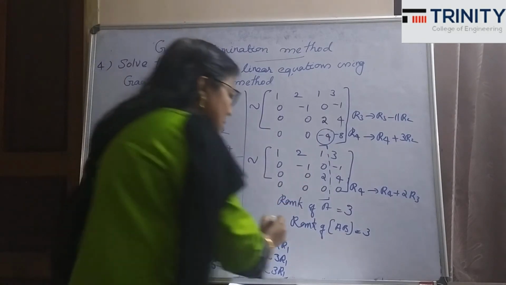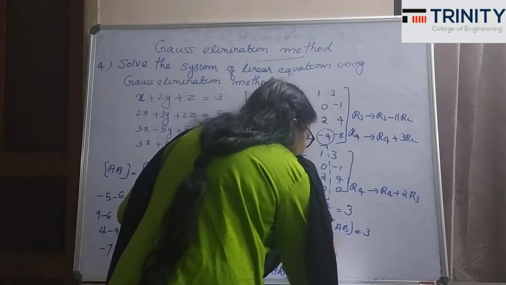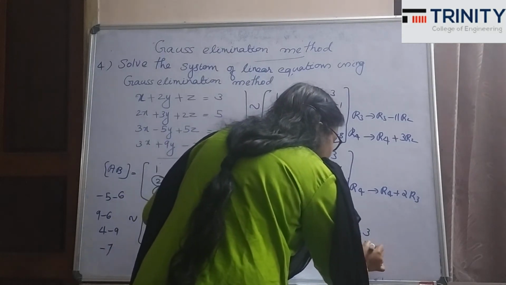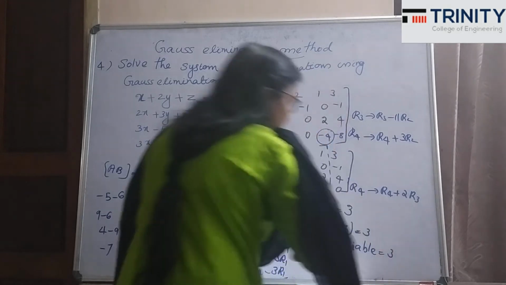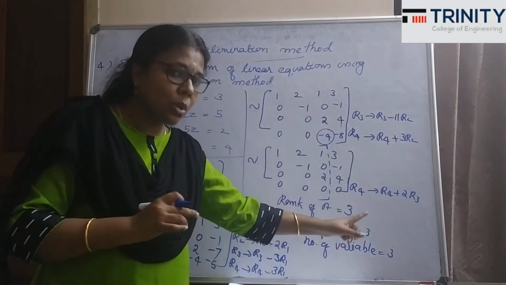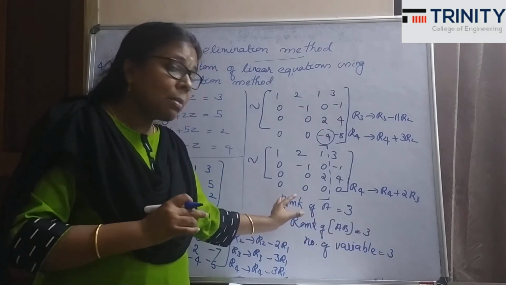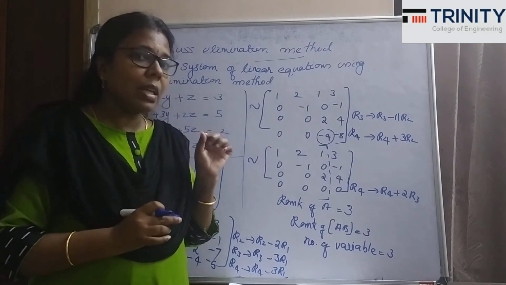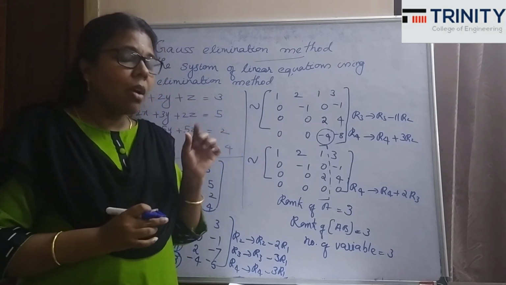What is the number of variables? The number of variables is also 3, that is X, Y and Z. Here rank of A equals rank of AB equals number of variables equals 3. Therefore the system is consistent and has a unique solution. What is the meaning of unique solution?